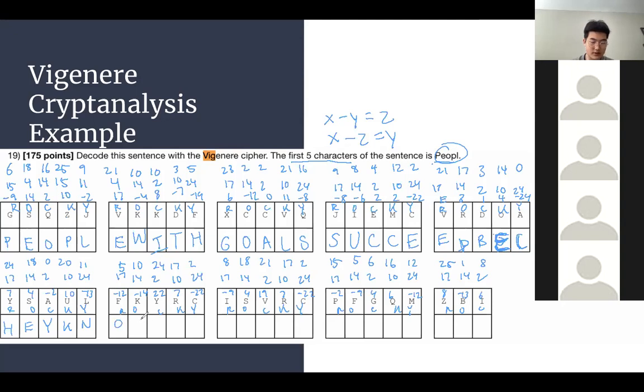So O. Negative 4 goes to 22, so it's W. Yeah. 22 is W. Negative 22 is 4. Negative 9 is 17. This seems wrong. 17 is R, yeah. Okay, yeah. 4 is E.